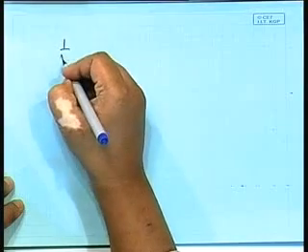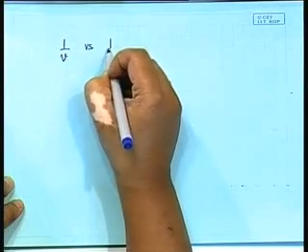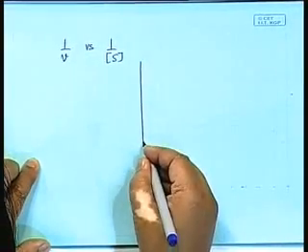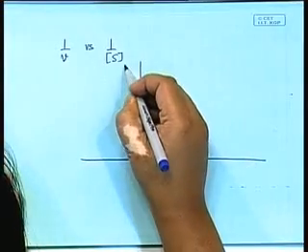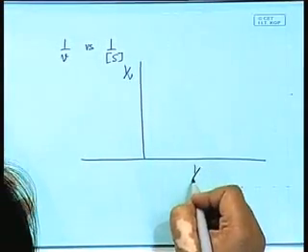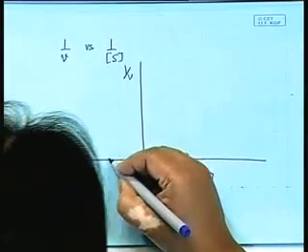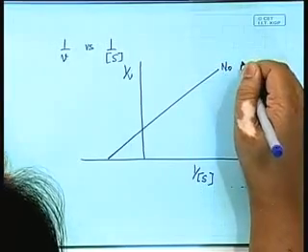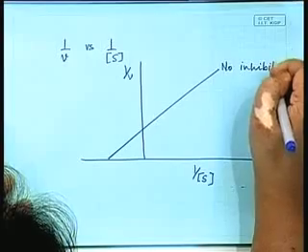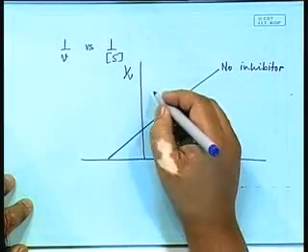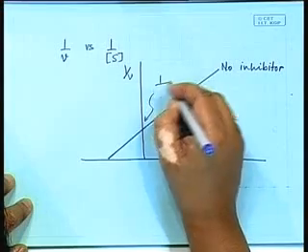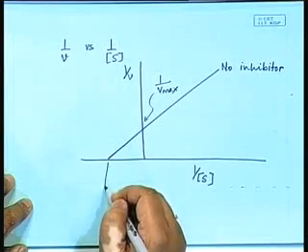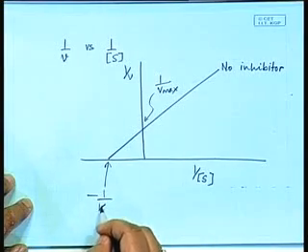So I have now a 1 by V versus 1 by S. What is this? No inhibitor. What is my y-intercept? 1 by Vmax. What is this? Minus 1 by Km.